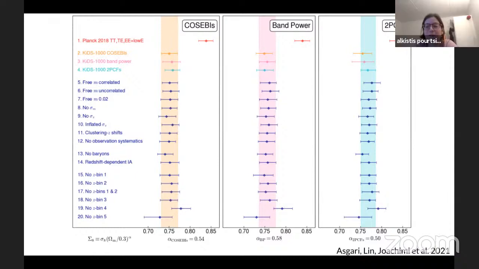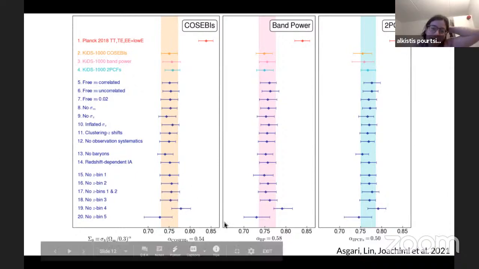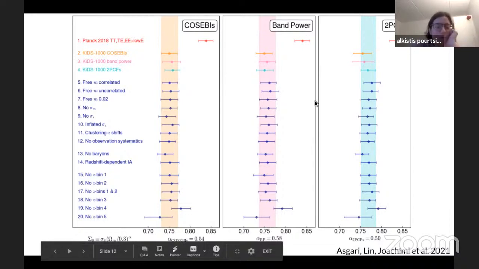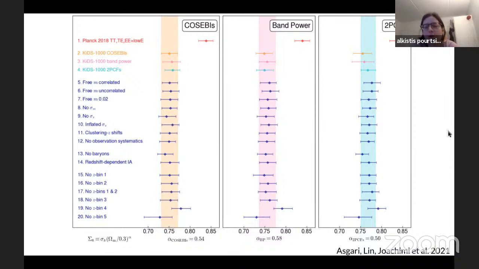Yes, thank you. But I also imagine, maybe also for people who don't have experience with this, that all these results are very signal to noise ratio dependent, right? If you had a survey that was 10 times better, probably these shifts would look very different. So yes, that's true.